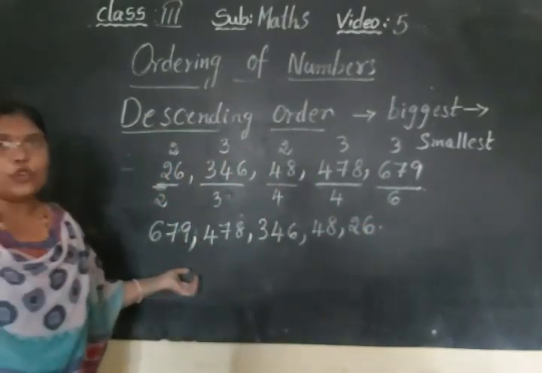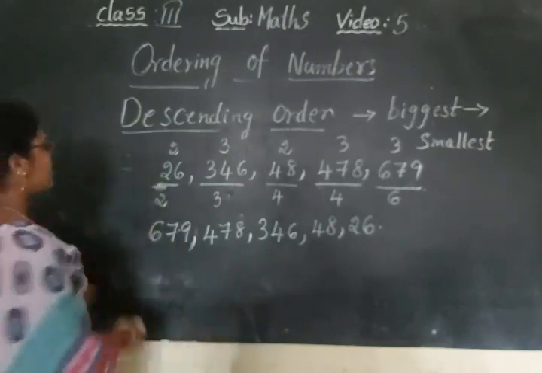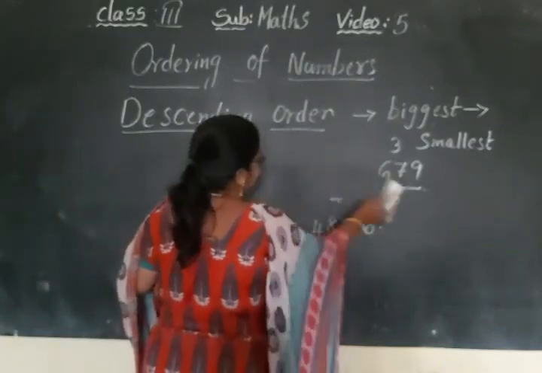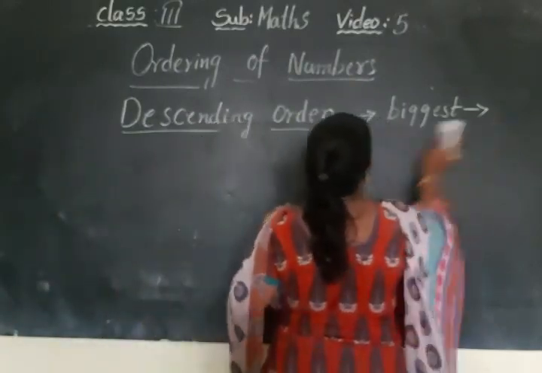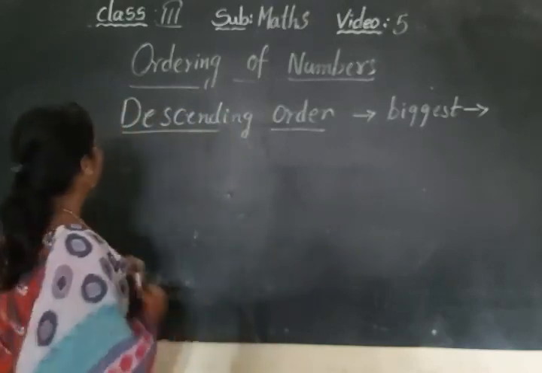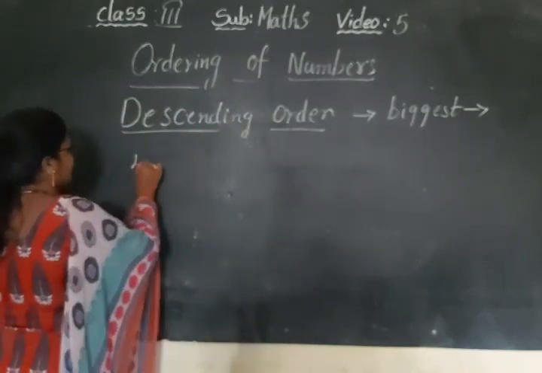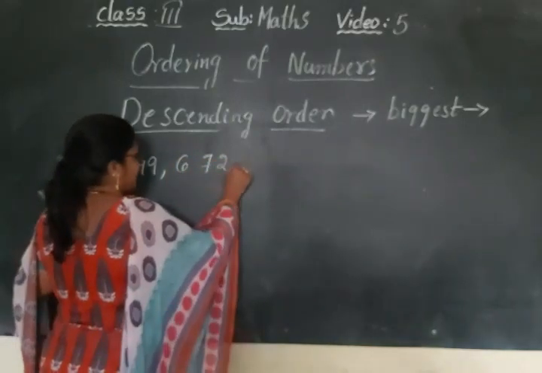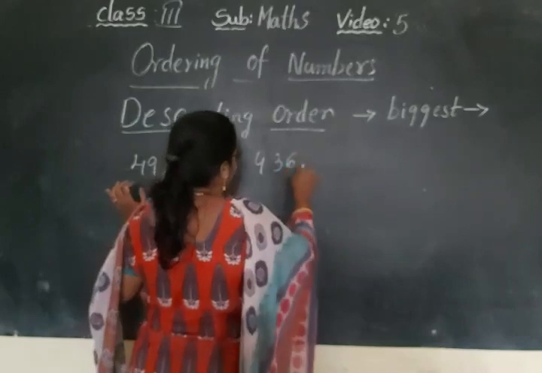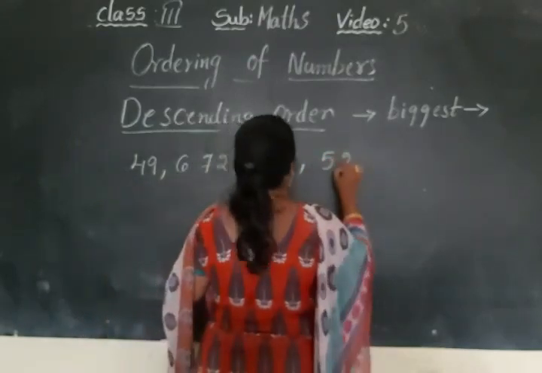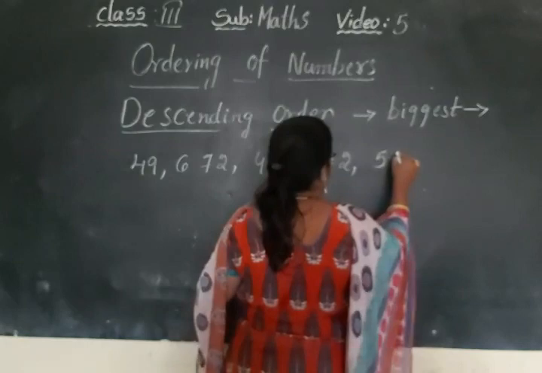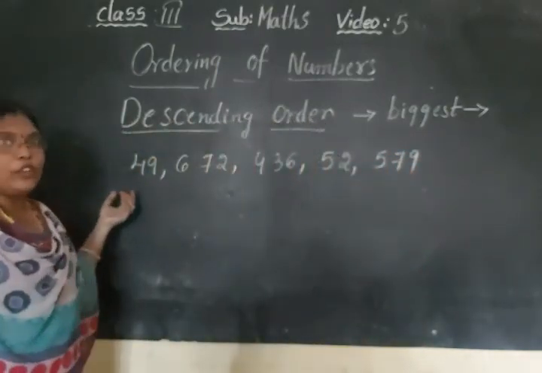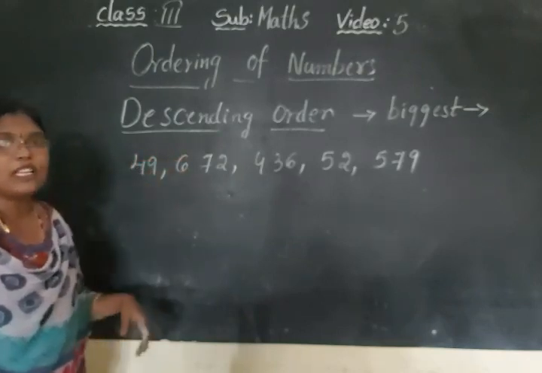So children, do you understand? Now try this one on your own. Can you arrange these numbers from the biggest to the smallest?